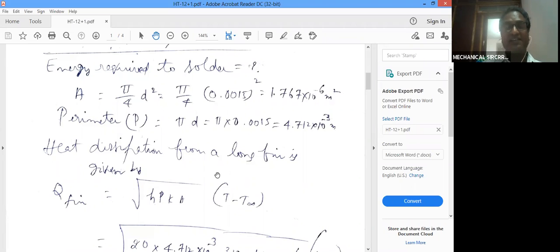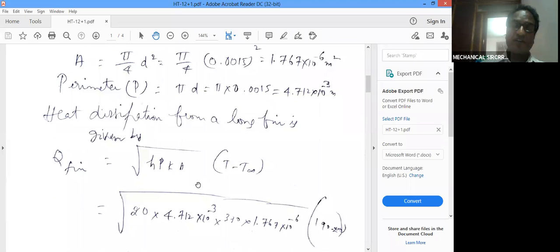You can verify yesterday's class PDF; I have shared it in your WhatsApp group. All of you read yesterday's class derivation, how we arrived at this Q fin, which I explained yesterday.